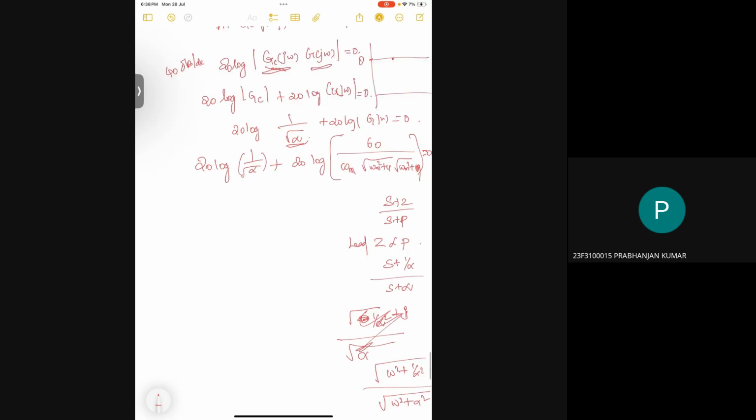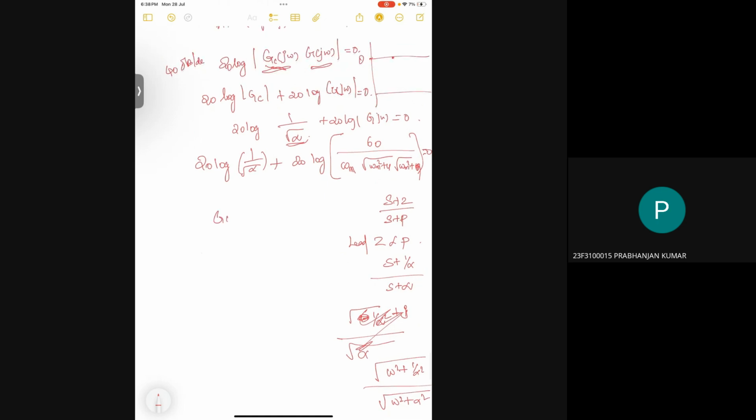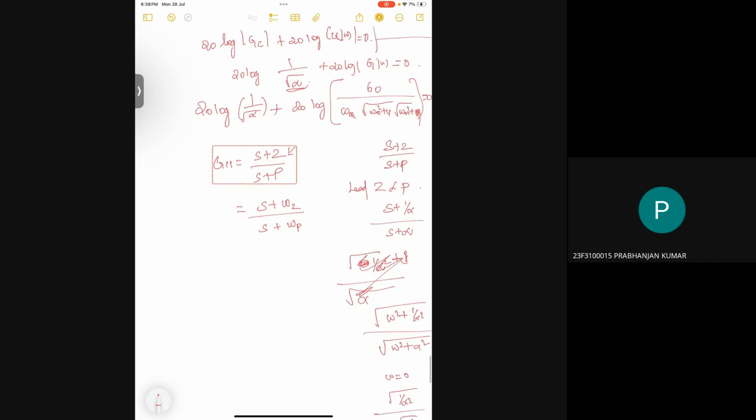Okay, when I write it in terms of this, we know that GC will be s plus Z over s plus P. When I write it in terms of omega, this zero frequency I'm considering as omega Z, and this will become omega P. And alpha here in the lead compensator design will be omega Z by omega P. It is related with that.